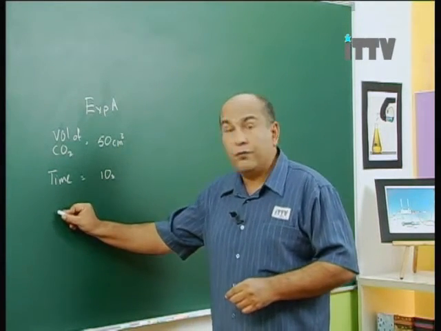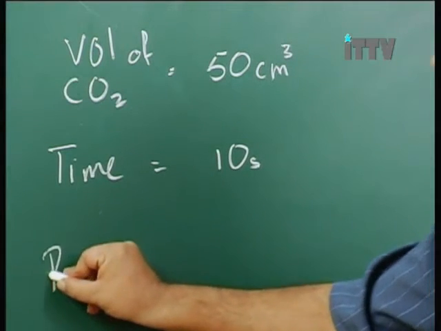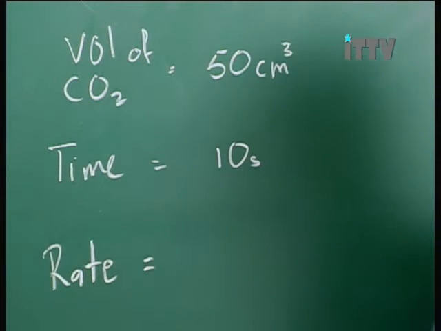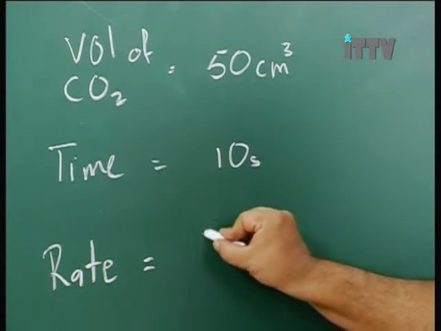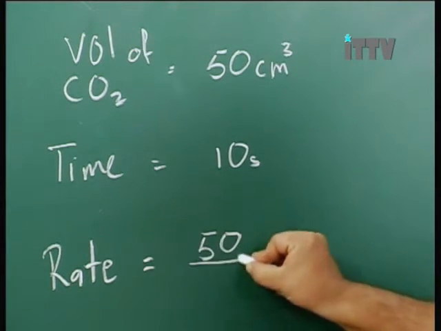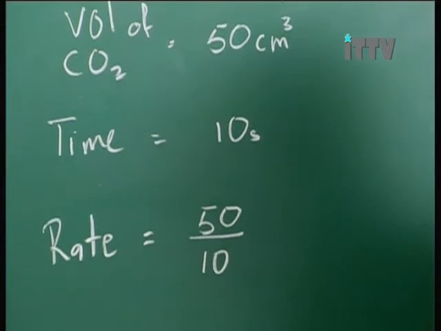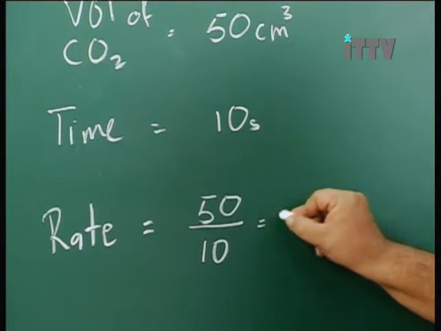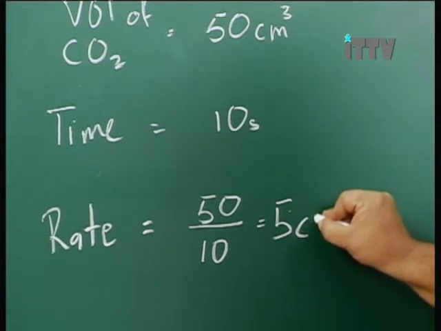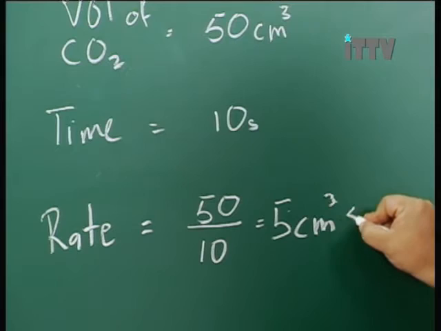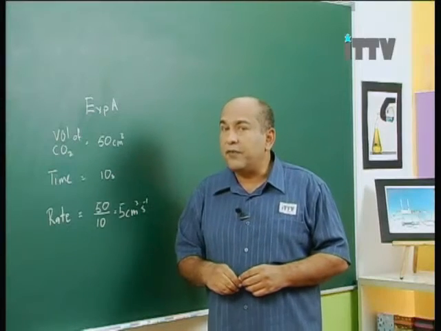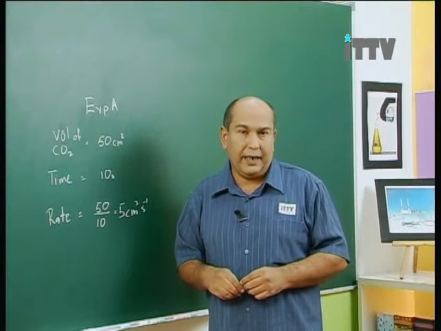So, our rate of reaction, we'll just write rate for short form, will be 50 divided by 10. What this gives us is a rate of reaction that is equal to 5 cm³ per second. So these are the values for experiment A.